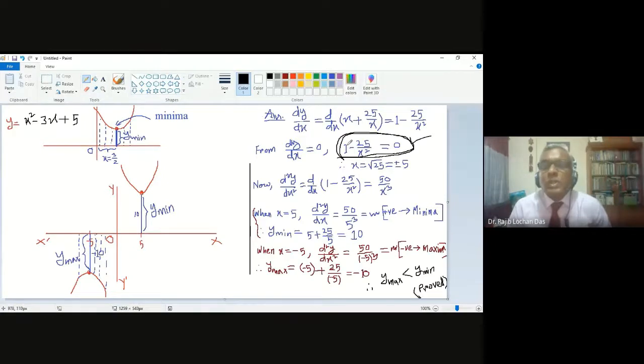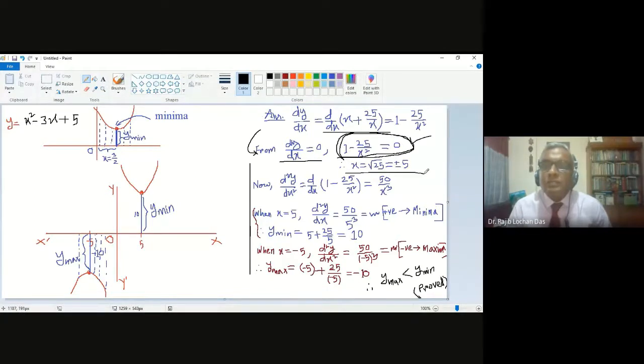So what is the point of giving those kind of questions? You understand my point? If I give you some complicated function, after dy/dx you will reach the second step, where dy/dx will be 0, and you will find the x value.